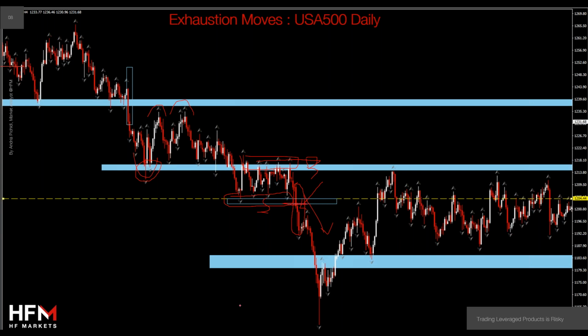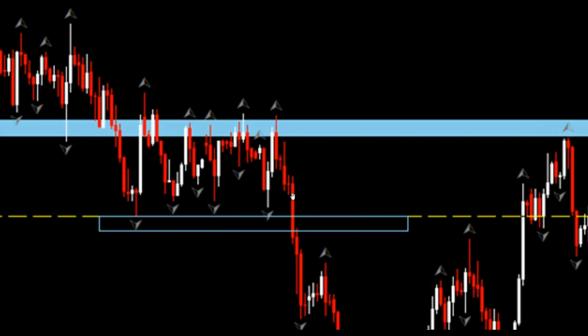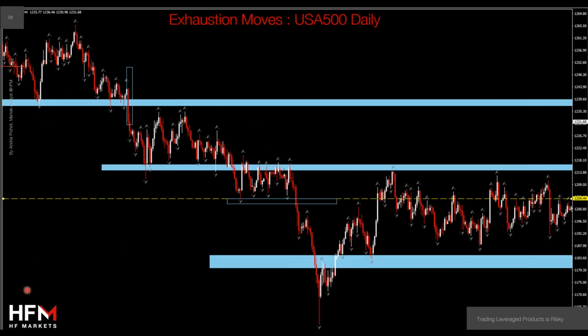So let's assume that you have seen this huge candle that broke these 4 swing lows. You decide to enter here, okay? Entry. Stop loss was obviously here, above my latest swing highs and my resistance area.